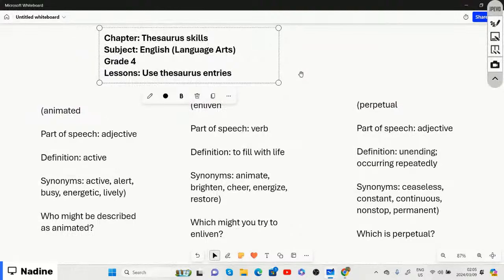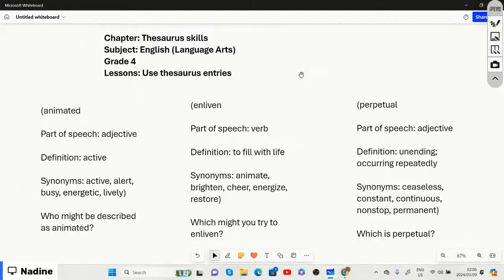And the lesson that we are going to focus on under the chapter of thesaurus skills is to use thesaurus entries. So when it comes to a thesaurus, right?